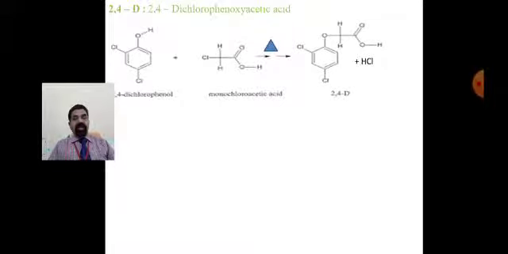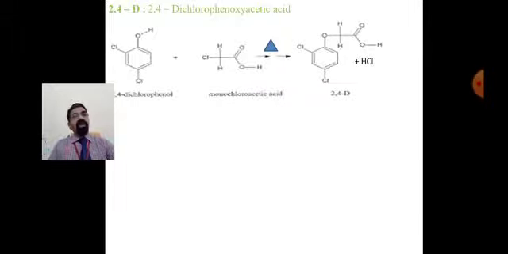It can be easily prepared by the condensation reaction between 2,4-dichlorophenol and chloroacetic acid to form 2,4-D, which is shown in this reaction.